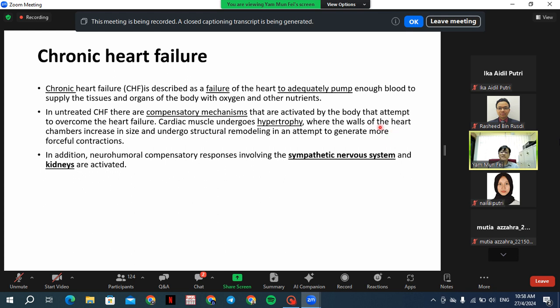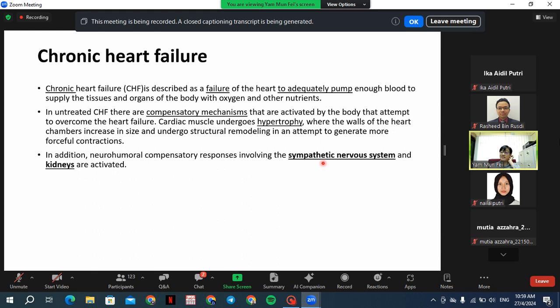If you don't control the condition, then you tend to have heart failure, and you might have certain death. This condition we call structural remodeling. Your heart tries to remodel its structure. This compensatory mechanism involves the sympathetic nervous system and kidney activation.